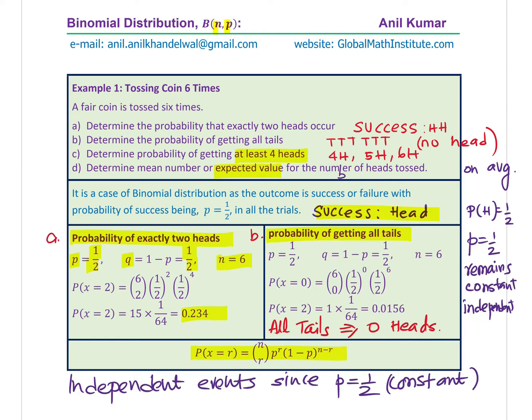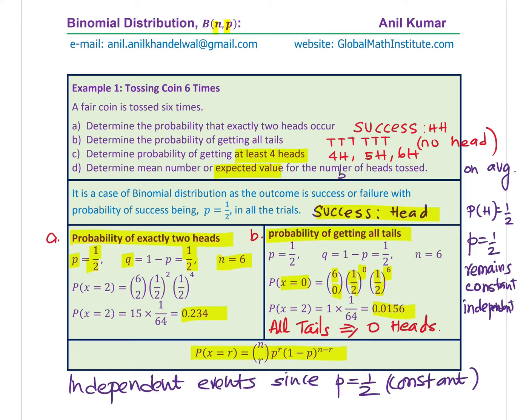So the probability of getting all tails is x equals 0, right? No tails, no heads. From the six trials, we have no heads: 6 choose 0, half to the power of 0, half to the power of 6. The first factor is for success of heads, which is none of them, and the failure is all tails. When you multiply this, you get 0.0156, so 1.56%. Is that clear to you?